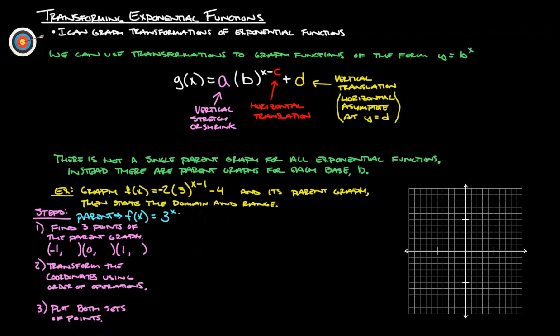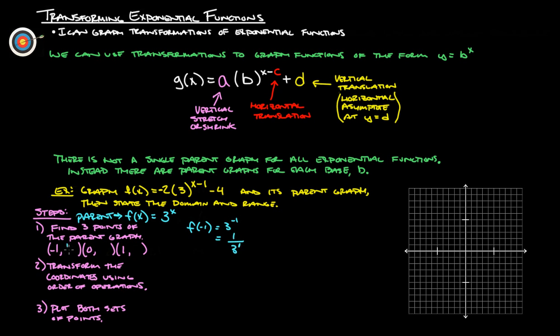So if we plug in -1, we get f of -1 equals 3 to the -1st. Now anything to the -1st power, you take that power and move it down to the denominator and turn it into a +1. So that's going to be 1/3.